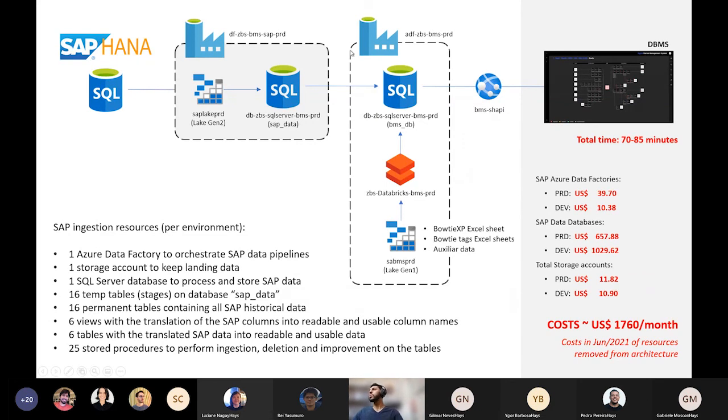We had two different orchestrators, two different data factories with different parts of our ETL pipeline. The SAP extraction was performed here with one file system storage and one database. There was redundancy between data stored here and on the database.